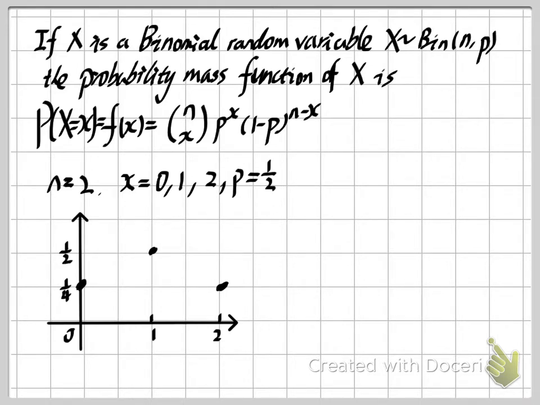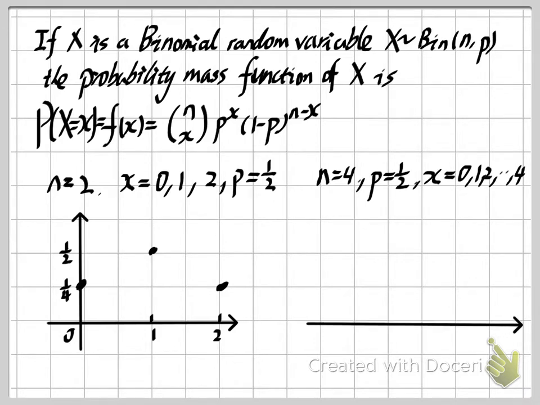So this is when n equals 2, and then if we have n equals 4 and p equals 1/2, the possible values of our x could be 0, 1, 2, 3, 4. In this case, if we draw this picture again of our PMF, the graph will look like this.